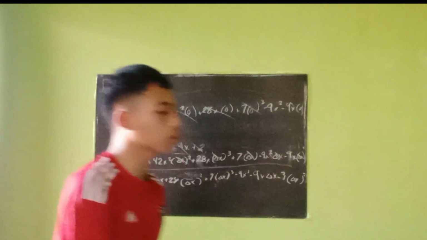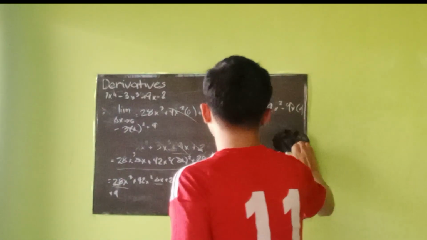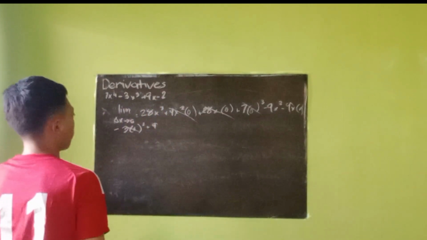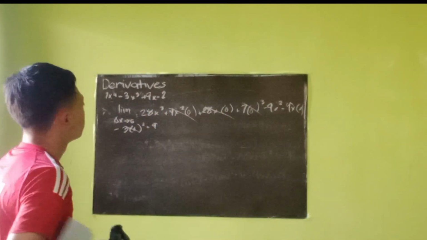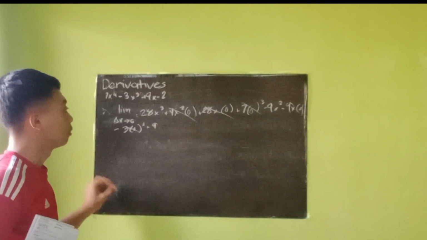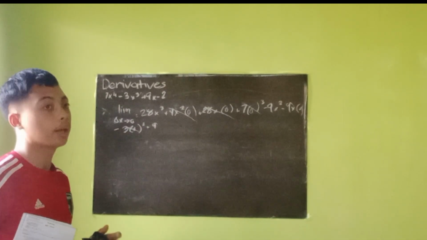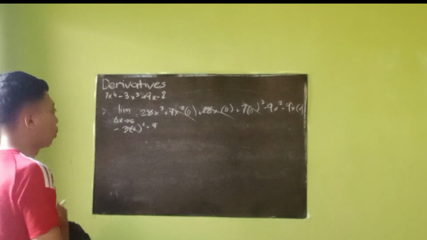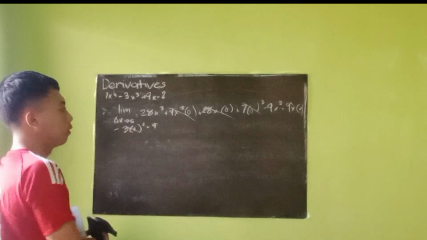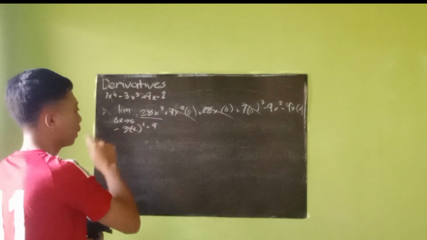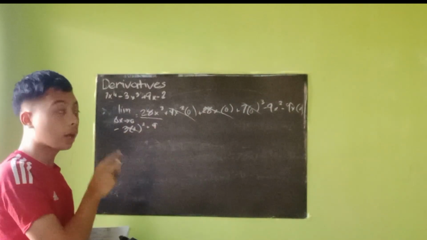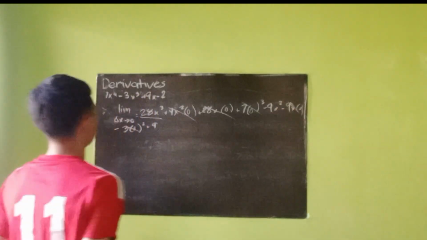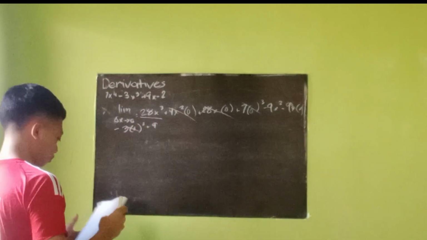So what remains are the numbers that are standalone. They don't really belong to the delta x. So what is remaining is we have these numbers: 28x to the power of 3, 9x squared, negative 9x squared, and plus 9.